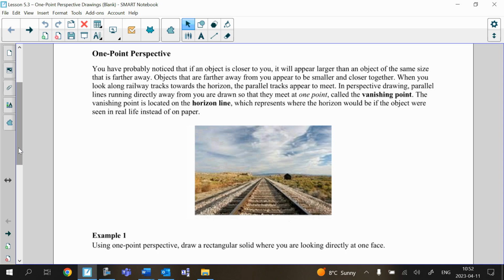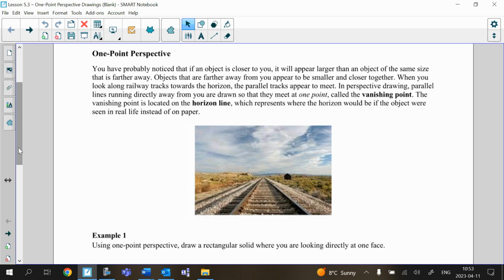So if you look at this, you can see what happens whenever we look at some object. Obviously, the nearer it is to us, the bigger it is. But the farther it is away from us, the smaller it gets. Okay? So if we look at a set of railway tracks, if you're standing on the railway tracks, making sure no trains are coming, okay?